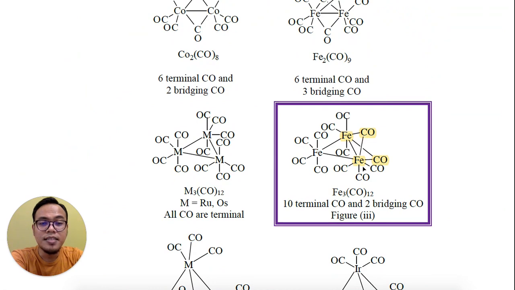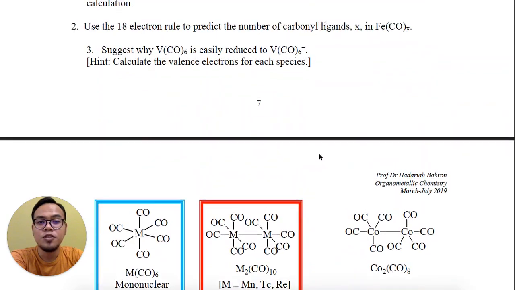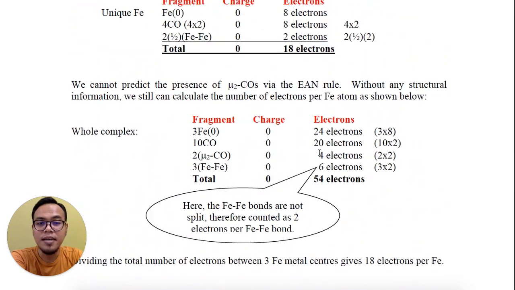In this case, each iron has 2 metal to metal bonds. So this one iron has a bond with this metal. This iron also has a bond with this metal. So one iron has 2 bonds. That's why you have to multiply by 2.